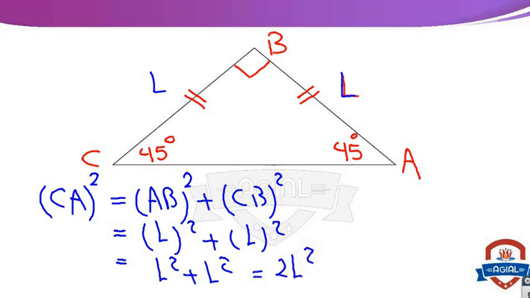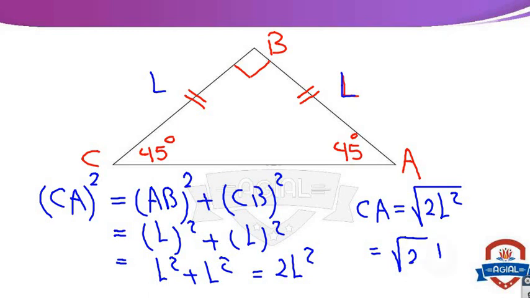By taking the square root of each side, CA equals the square root of 2L square, which equals square root of 2 L unit length.